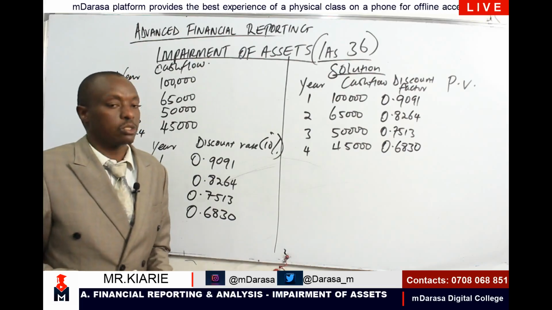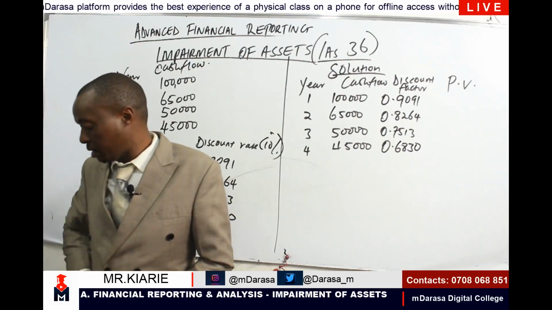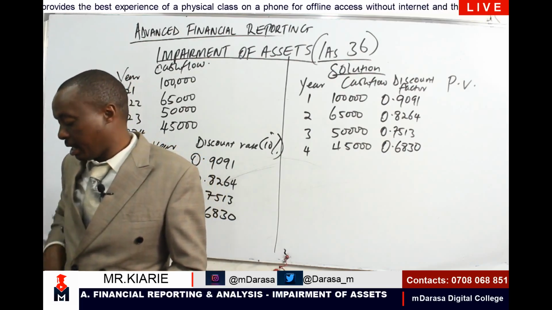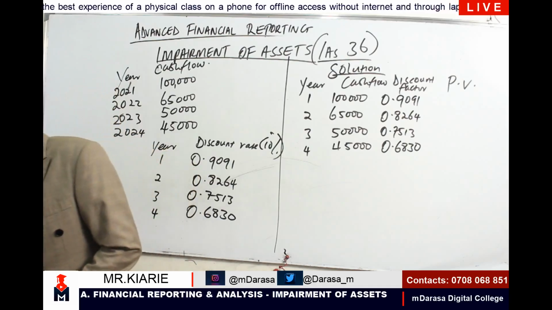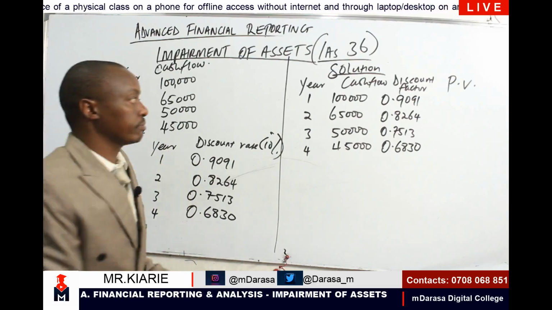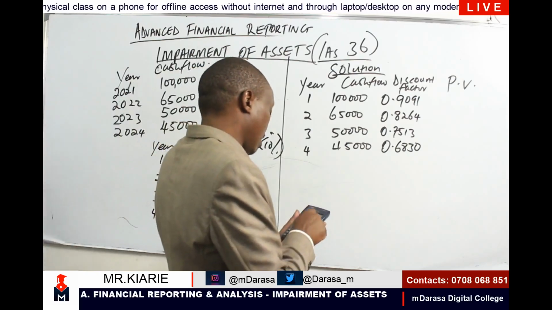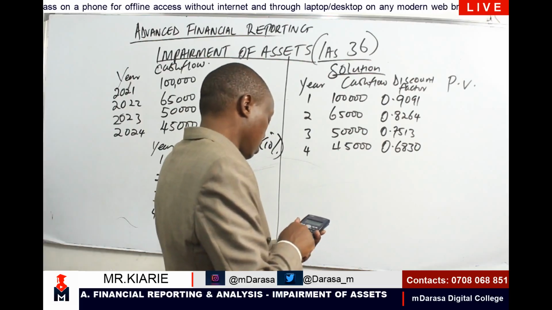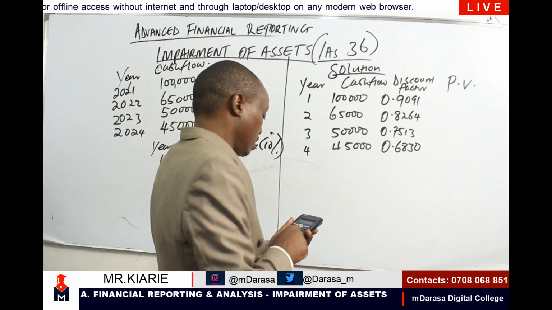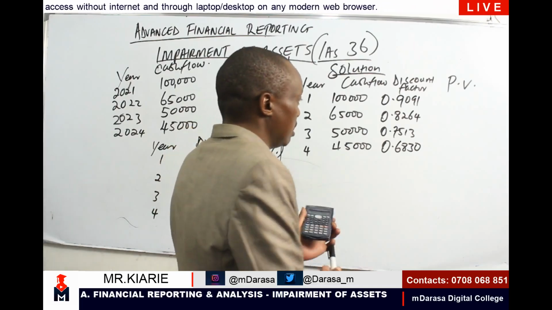I now want us to get the present value of the asset. Take out your calculator. 100,000 times 0.9091. This gives me 90,910.